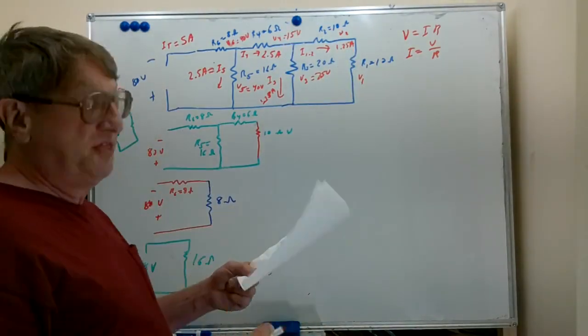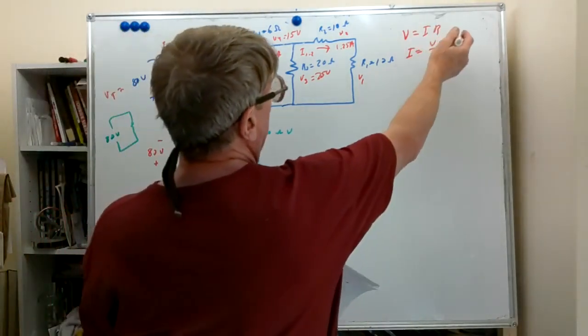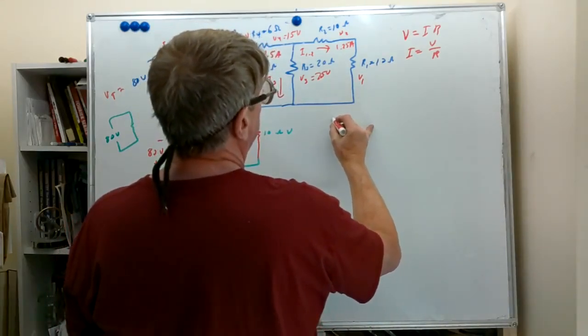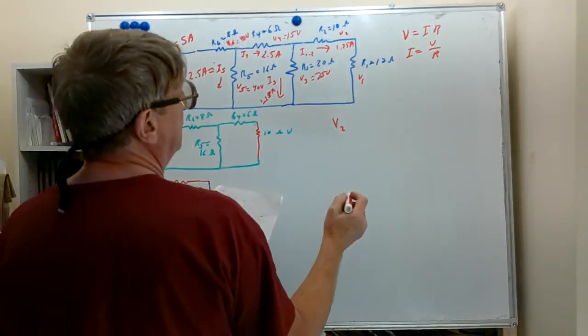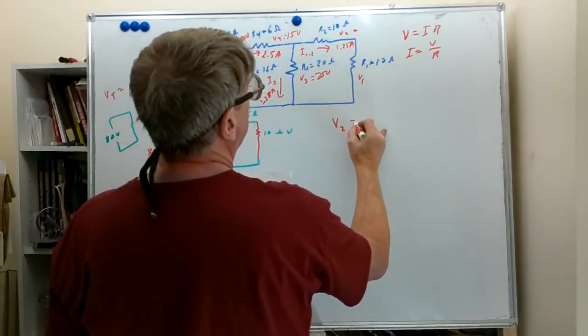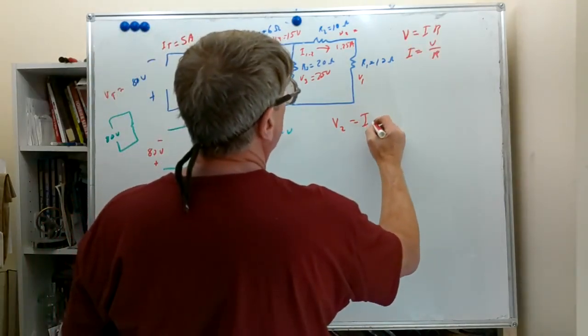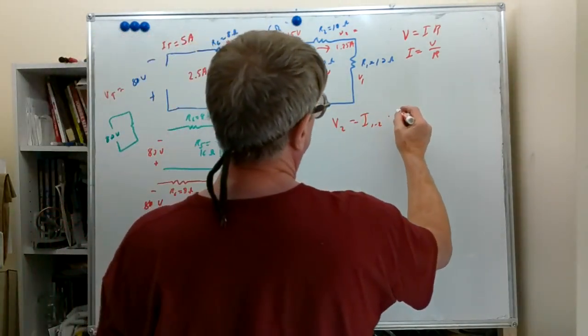But let's do it with the IR formula. We're looking for V2, which is voltage across resistor 2. We know that's going to be equal to I12 times resistance 2.